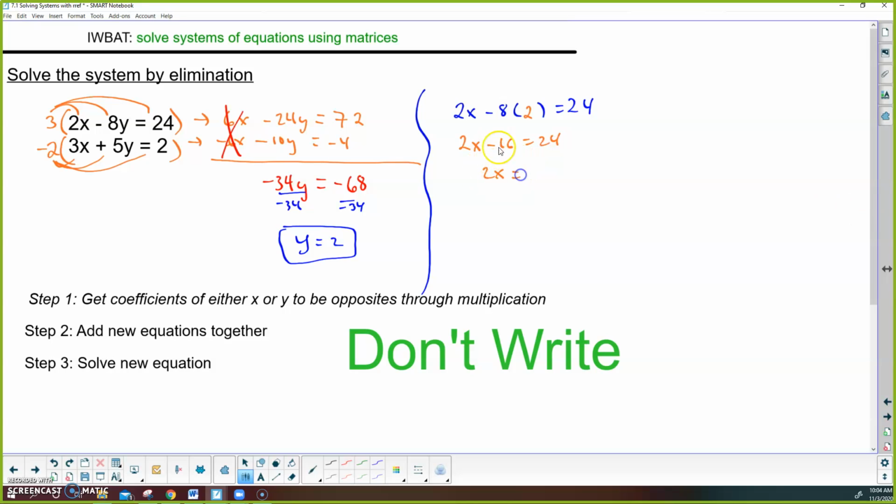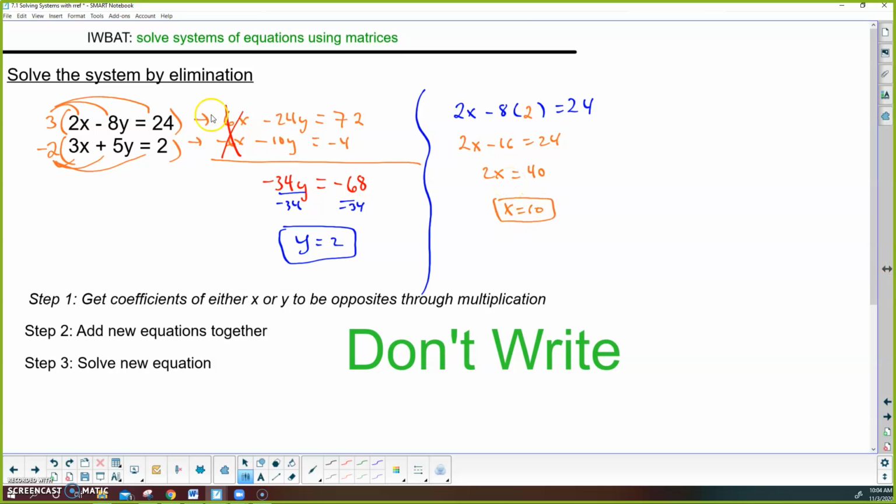So if I add 16 over to the other side, let's see. Yeah, sorry, I'm just double checking things in my head. I get 30, 40, I get x equals 10.